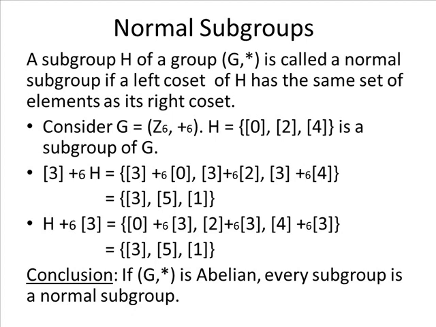This is pretty easy if our group is abelian, because the order of the operation doesn't determine the answer. So one conclusion that we can make is that if G star is an abelian group, then every subgroup of G star is by default a normal subgroup.